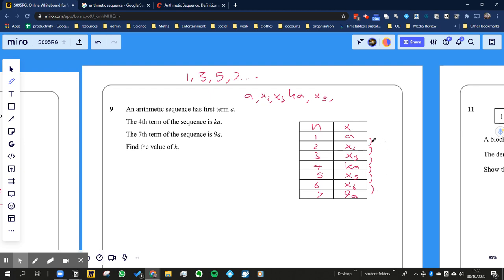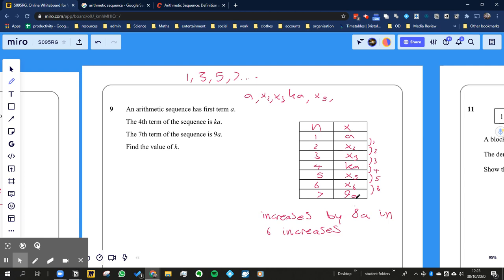Okay, let's have a think about this. The total increase is 8a, and it does it in 6 increases, which means each time it must have increased by 8a divided by 6.